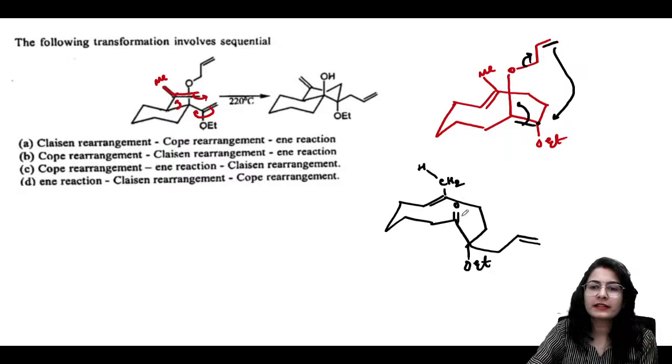All right, so this carbonyl CO is going to take away this proton. ये carbonyl के पास ये proton आ जाएगा and we are going to push the bonds in this way such that this carbon is going to attach over here. ठीक है, और ये क्या करेगा, this carbonyl oxygen is going to take away a proton. So you are going to get exactly this molecule. ठीक है, this allylic group is as it is, ester is as it is. There is going to be one more junction. ये एक नया junction बन जाएगा यहाँ पे. Okay?